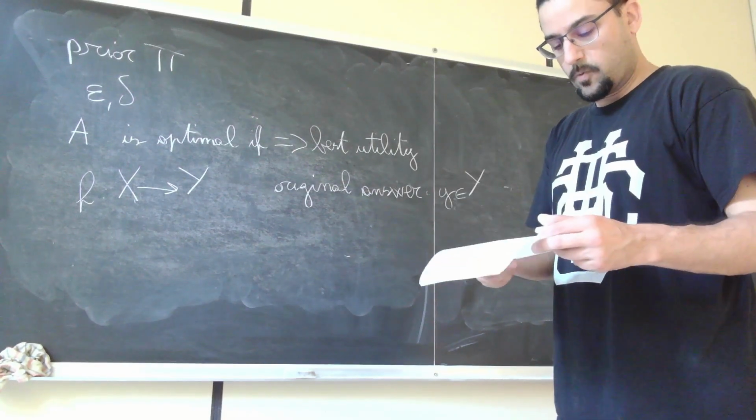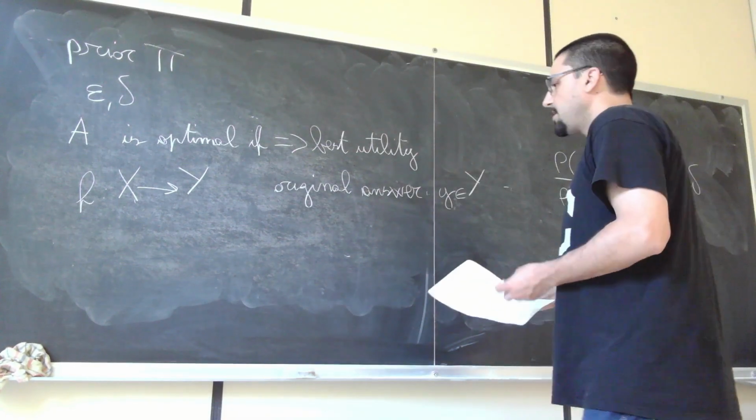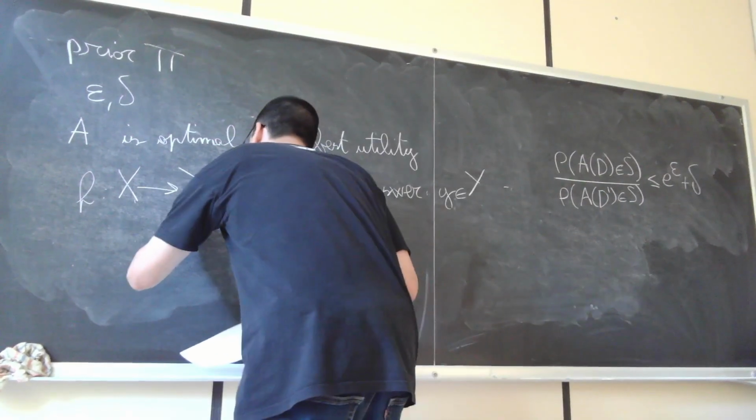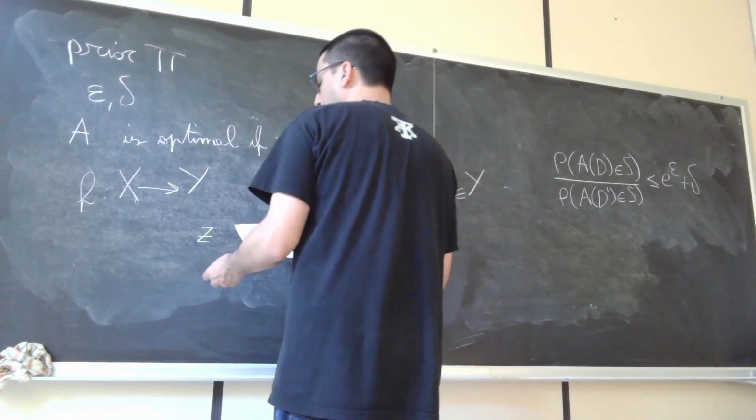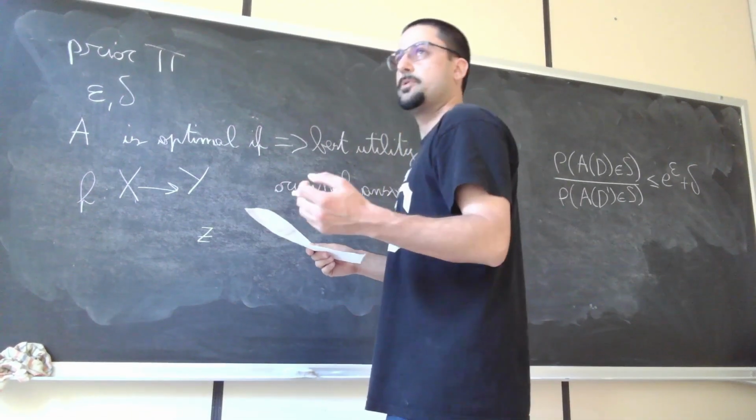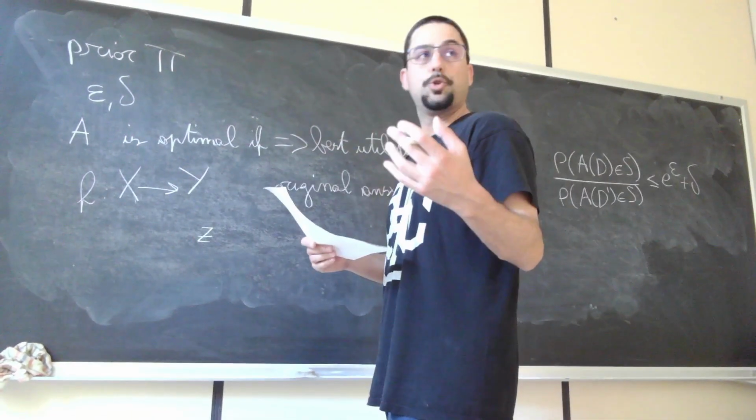And so we define this new value, Z, that will be defined in terms of sampling from a distribution.